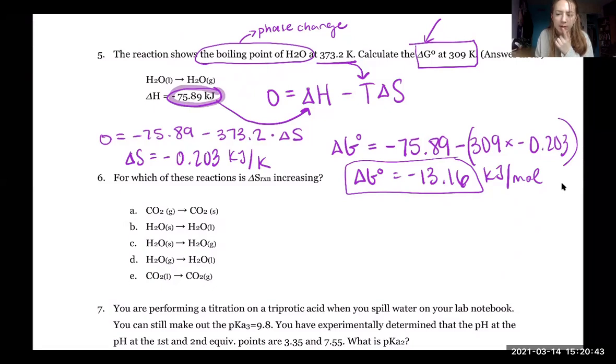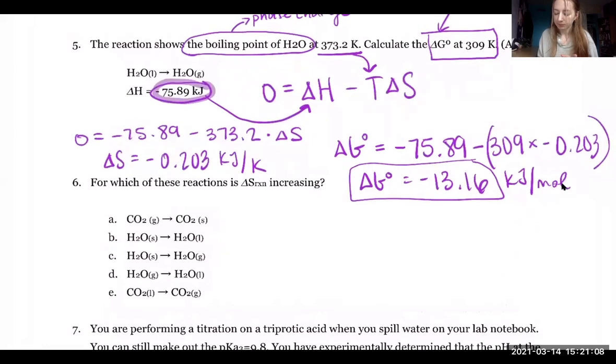Wait, don't we have to convert that delta S? I don't know what you mean by convert the delta S. There's no converting, that's all we need to do for the problem. We solve for delta S. Don't worry, I just wrote the joules per Kelvin after I solved the equation. Just make sure you keep things consistent.